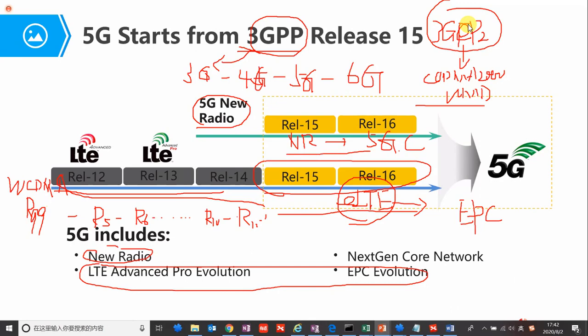Use this one. Actually, in China, we use this one, NR and 5G core. And this is the 5G standardization.